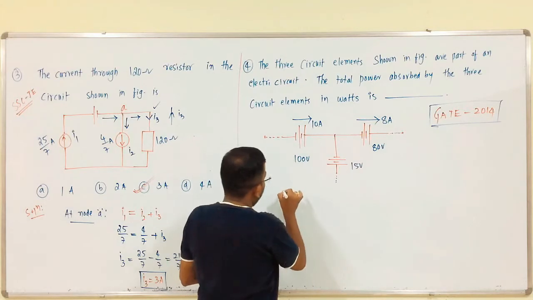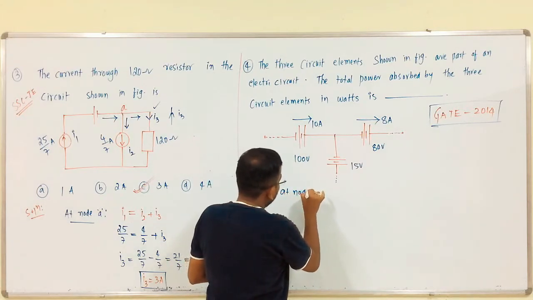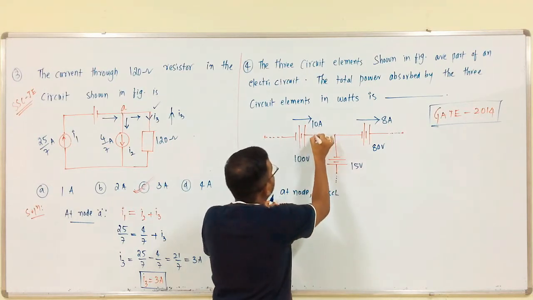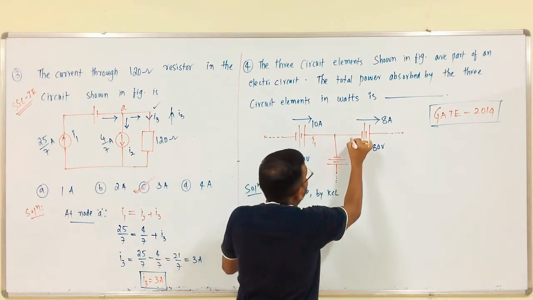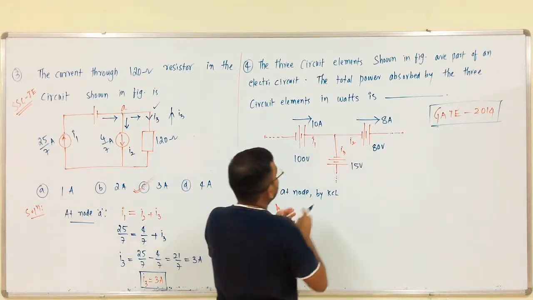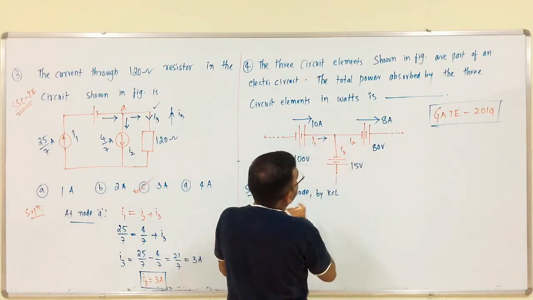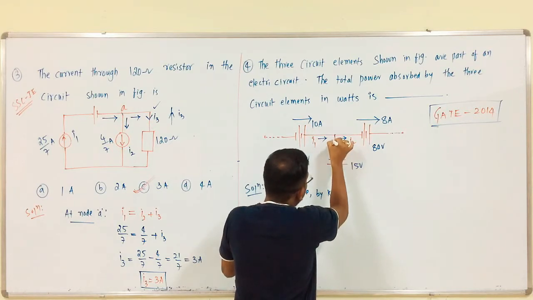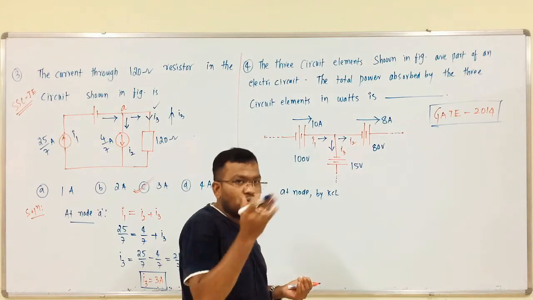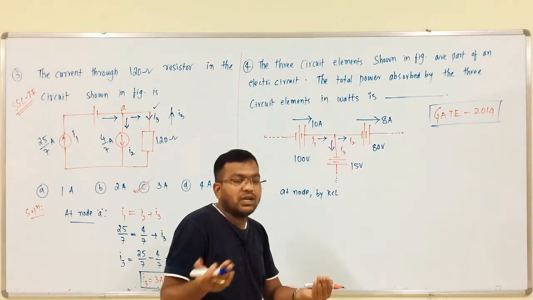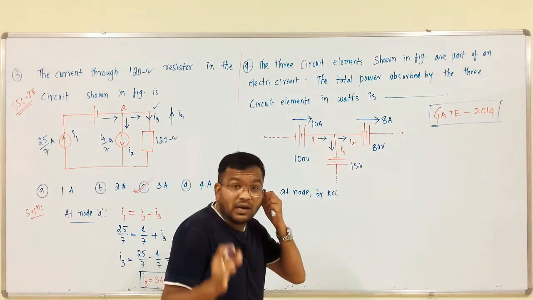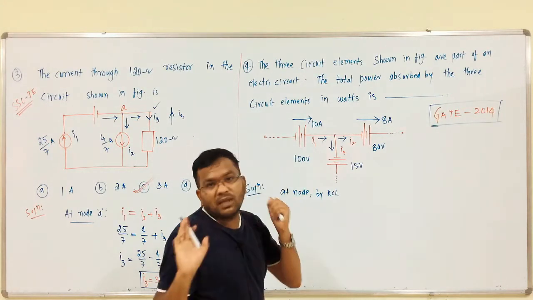So, at the node, by KCL, for example, this is I1, this is I2, this is I3. I3 can be our wish. Here I am considering leaving. In any case, my assumption is downward, leaving from the node. In any circuit, I consider the unknown current direction as leaving from the node.